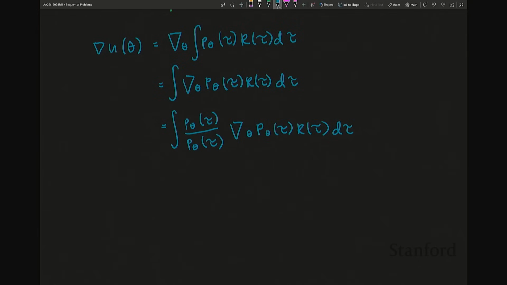The reason that we're doing this is that once we've done that multiplication, now we can write these out in a way that allows us to simplify.